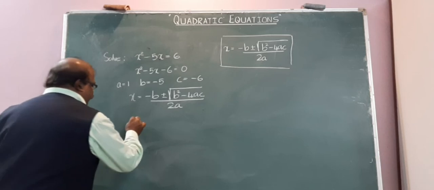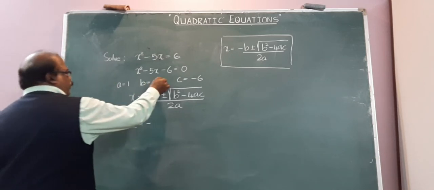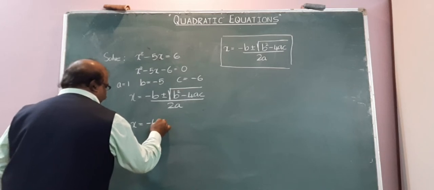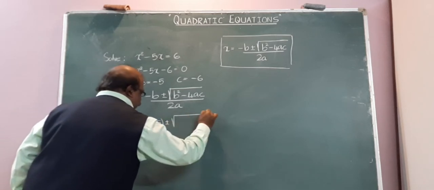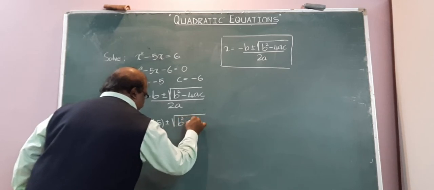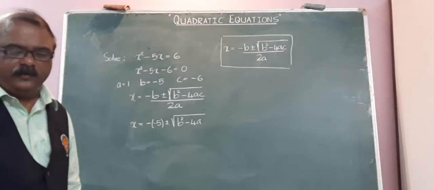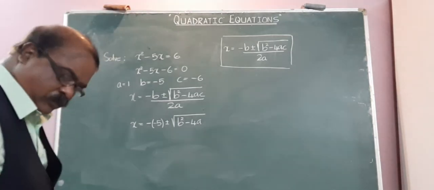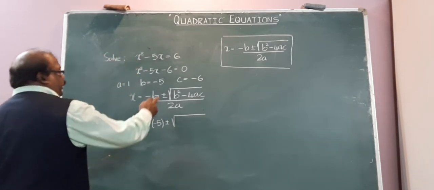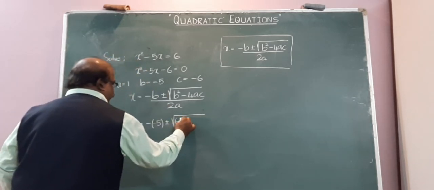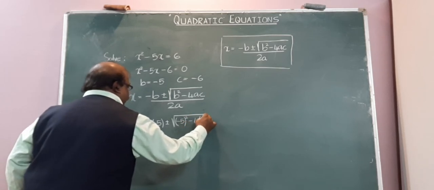So what is x therefore going to be equal to? Minus, what is b? Minus 5 plus or minus root b square minus 4ac.